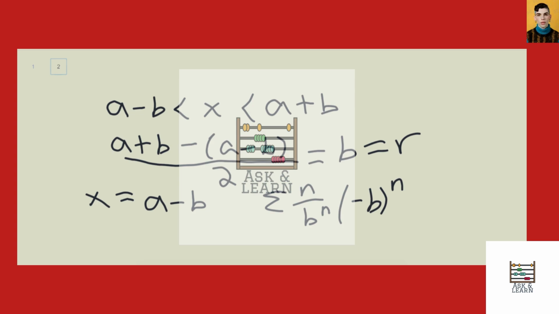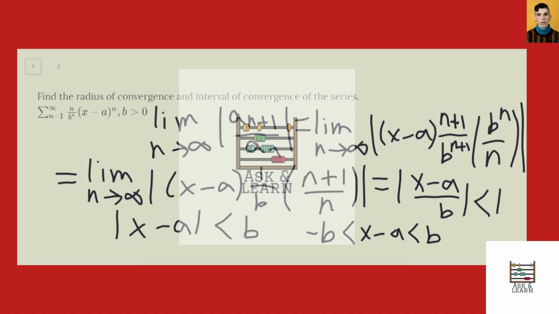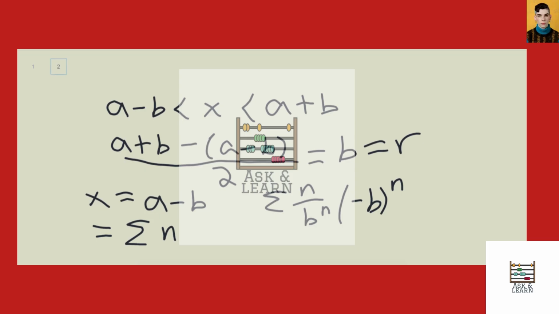So now we'll get a cancellation with the b to the n terms. So now it'll just turn out to be the sum from n equals 1 to infinity of n. And as we mentioned, nothing will cancel out with this minus sign. So we'll still have minus 1 to the n, but the b to the n's will cancel. And this is definitely going to be divergent because these terms are certainly not going to be going to 0.